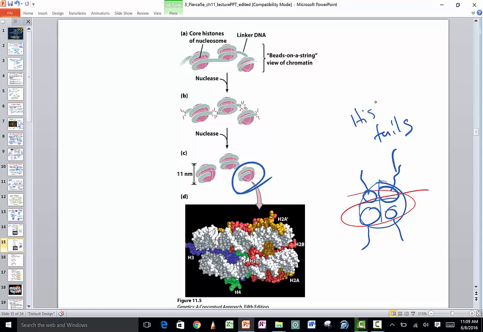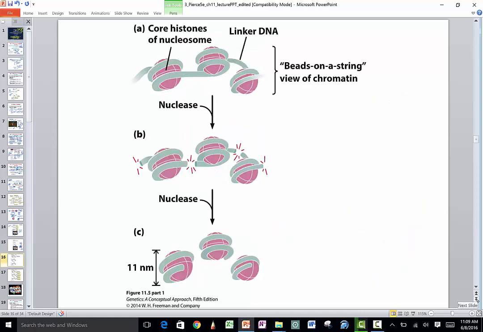So the histone tails kind of stick out from the structure, so you can see a tail here, maybe a tail here, and these tails can get modified. And the modification of those histone tails can affect how condensed the chromatin is. So that's a big theme we'll come back to.